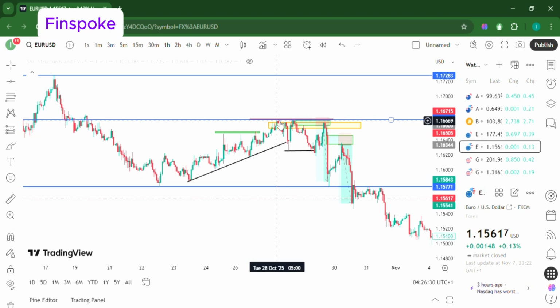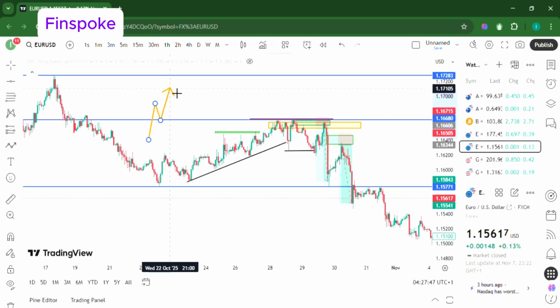Now, when price gets to this level and reacts, look at the two things it will do. One is to break the zone with a body and close above, pull back and reverse to continue in its original direction. That means to create another high if it is to the upside.